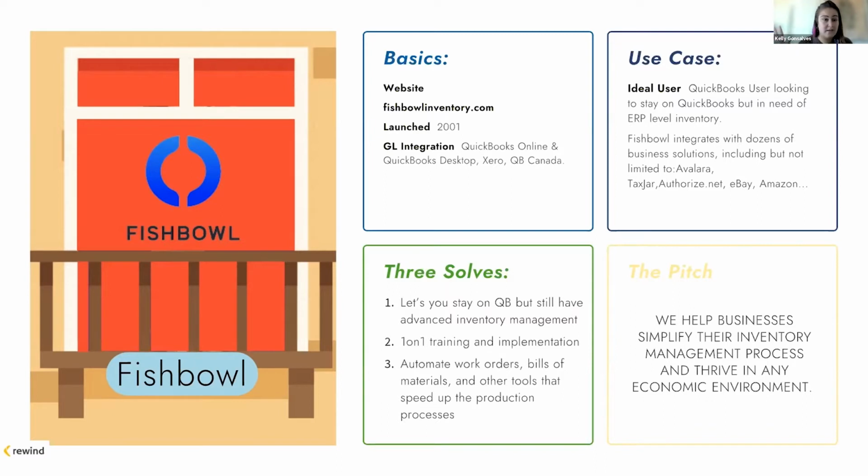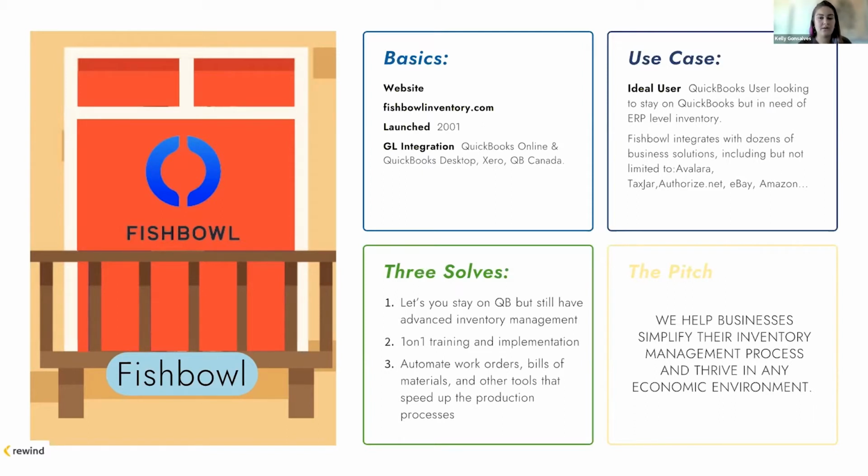So handling all of that kind of outside of QuickBooks and then just bringing in what we need and what we tell it to bring in. So automating work orders, bill of materials, bill of lading, other tools that will speed up the process. But again, all living inside of Fishbowl and then having to only push over to QuickBooks what we're really interested in having in there.